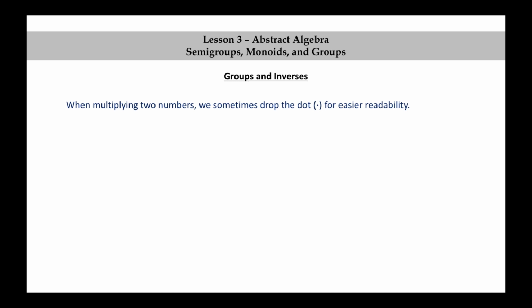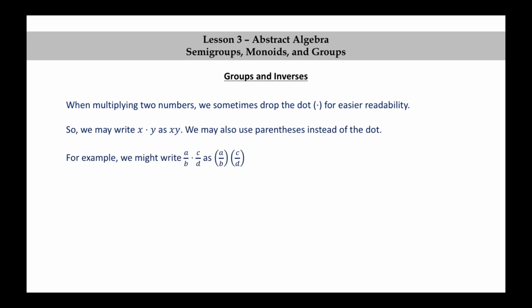When multiplying two numbers, we sometimes drop the dot for easier readability. So we may write x · y simply as xy. We may also use parentheses instead of the dot. For example, we might write a/b · c/d as (a/b)(c/d), whereas we would probably write (a times c) over (b times d) as ac over bd.